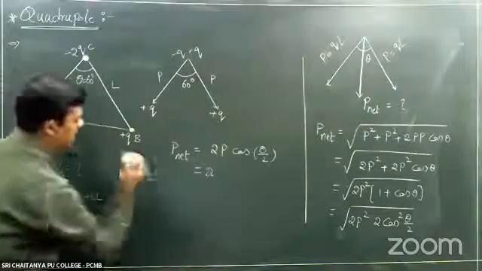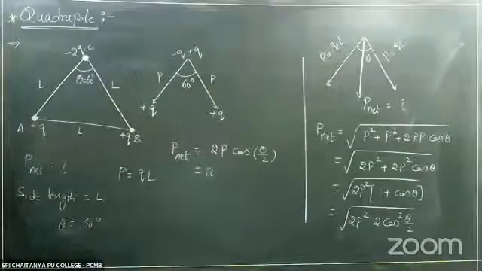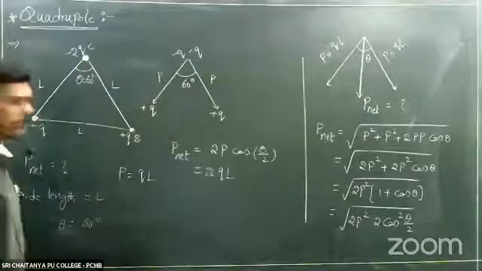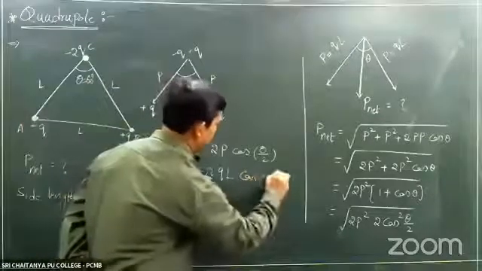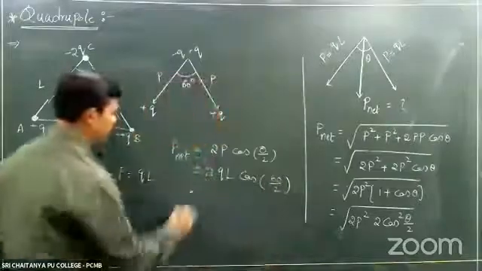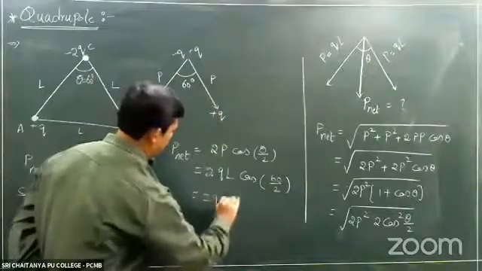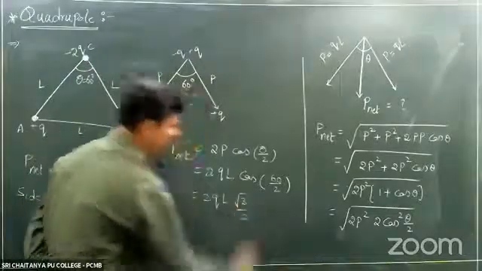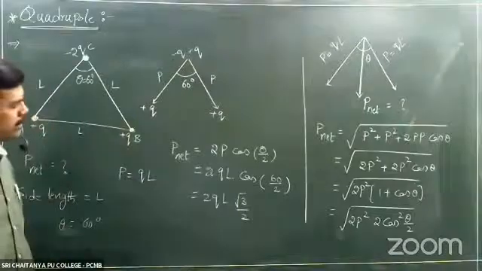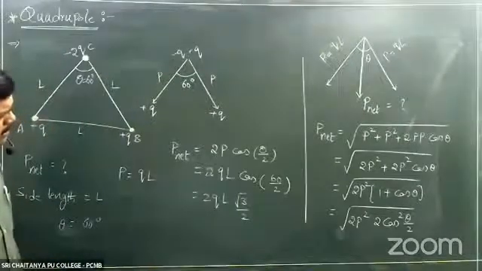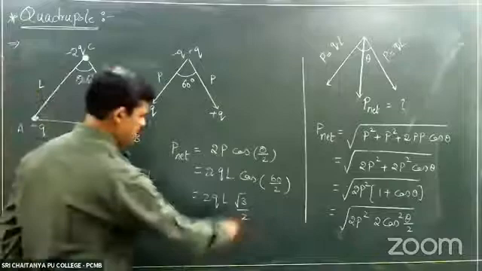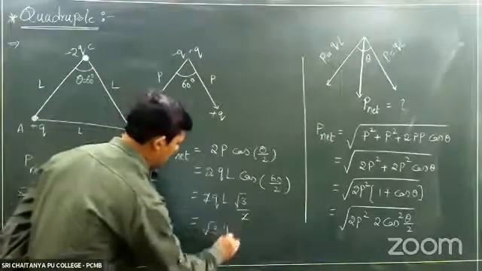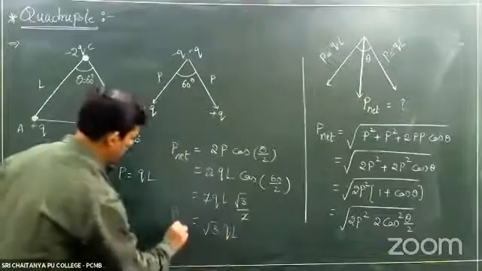Distance is L, so QL. So 2 QL cos 60 by 2. Then 2 QL cos 30. Cos 30 is root 3 by 2. Answer is root 3 into QL. This is P net.